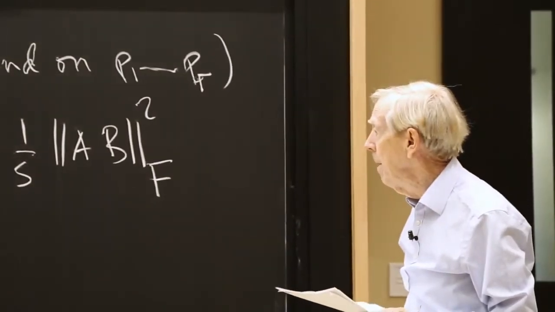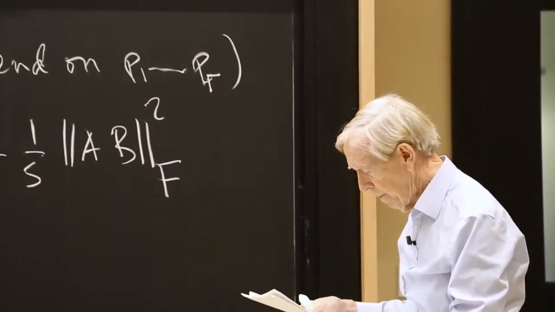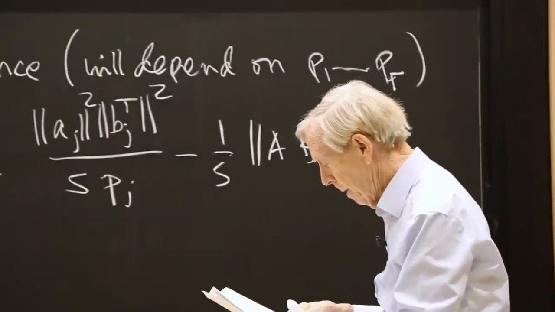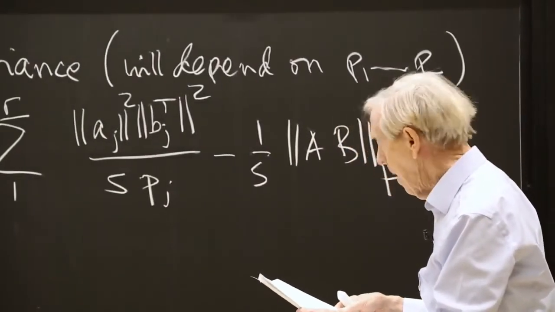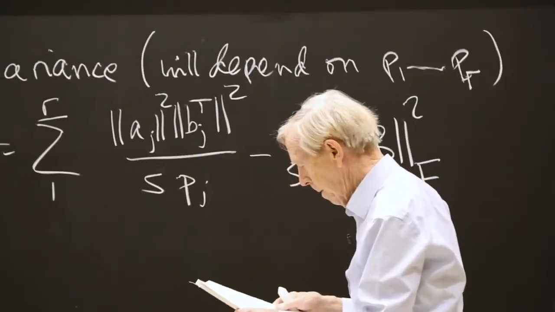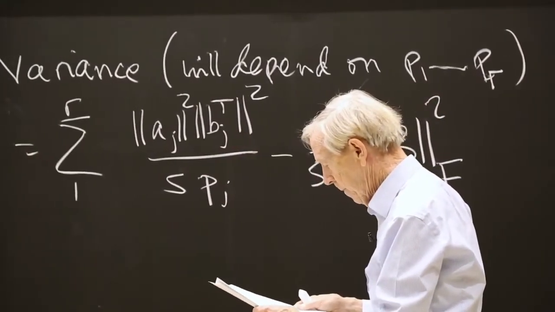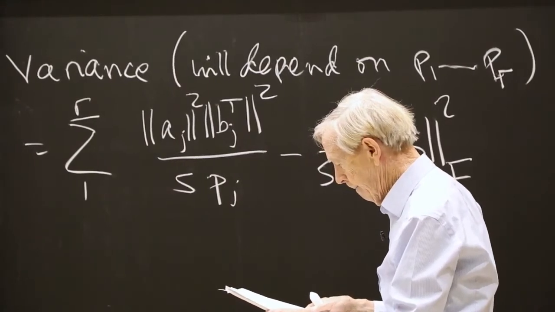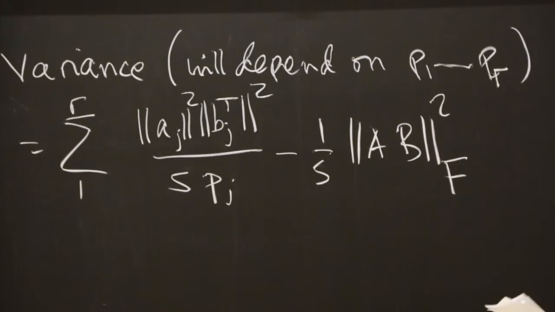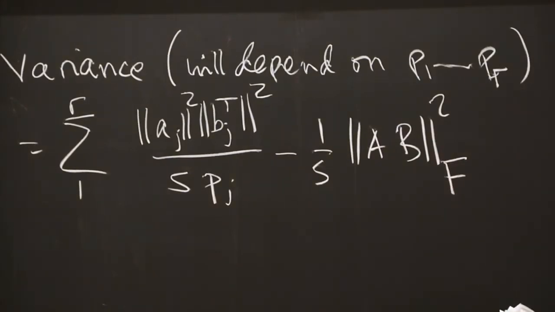Okay. And now I'm going to sample, let's see where. Oh, I would like to simplify this. I would like to simplify that. So I have to plug in the PJs.